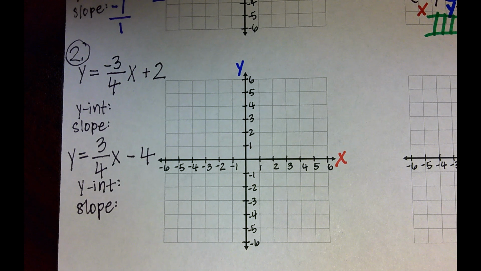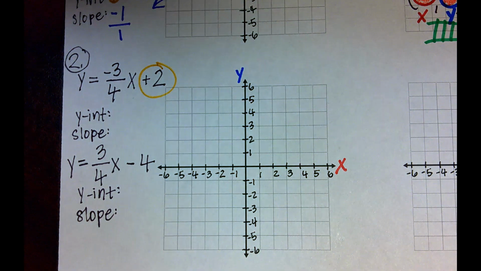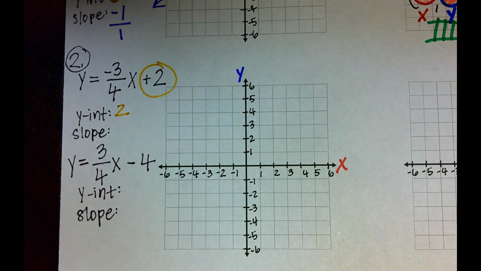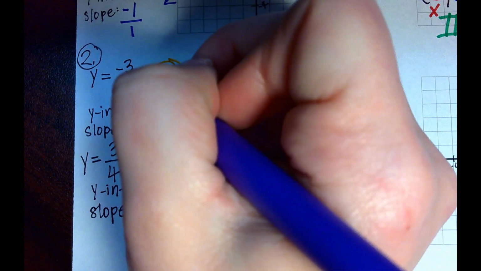We've got y equals negative 3 over 4x plus 2. What's my y-intercept? 2. Good. It says it right there. 2. What's my slope? Negative 3 over 4. Yes, negative 3 over 4.